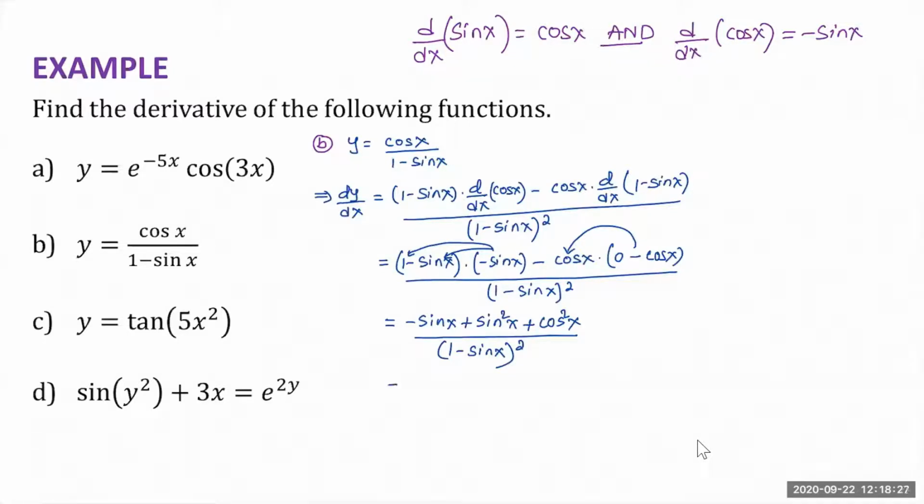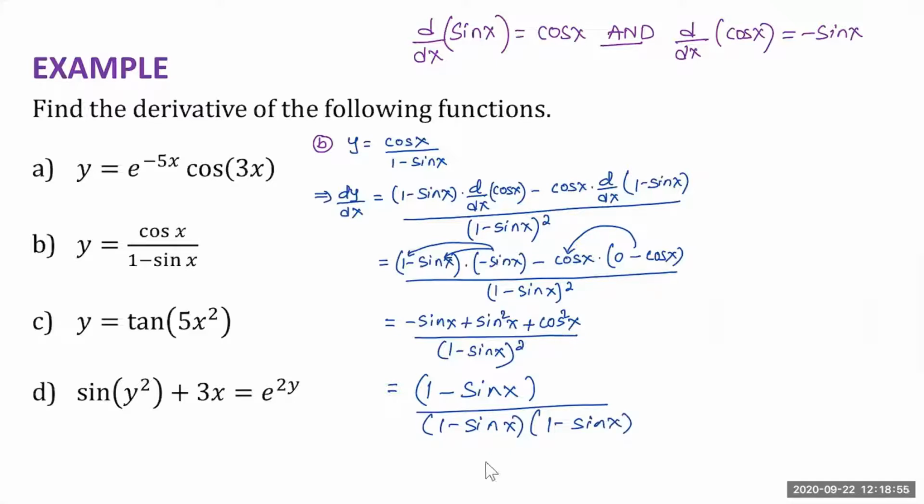Now, in the numerator, if you look at this carefully, here we have sine squared x plus cosine squared x, which is 1. Then we have a minus sine x here. So in the numerator, I have 1 minus sine x. And in the denominator, I have 1 minus sine x quantity squared, meaning 1 minus sine x times 1 minus sine x.